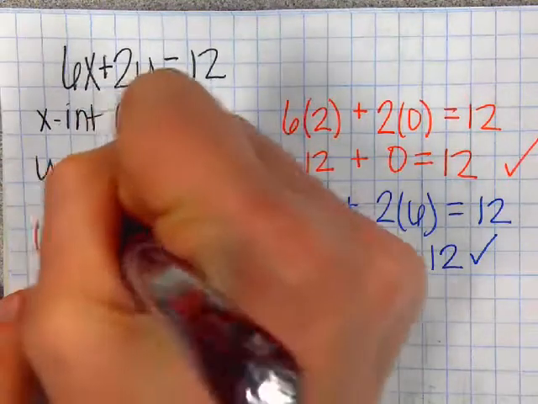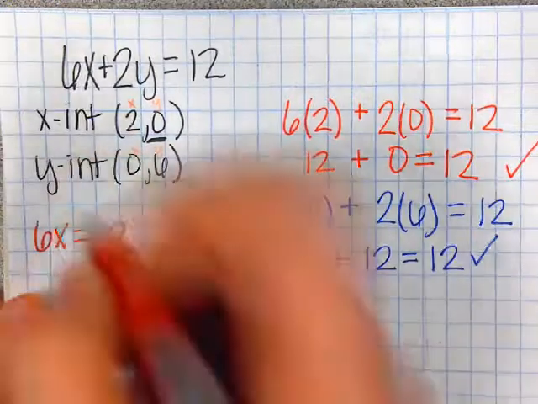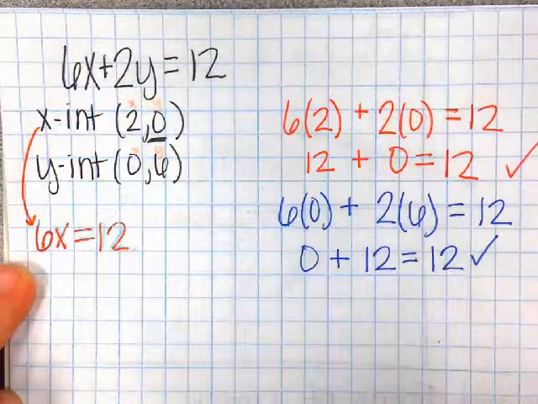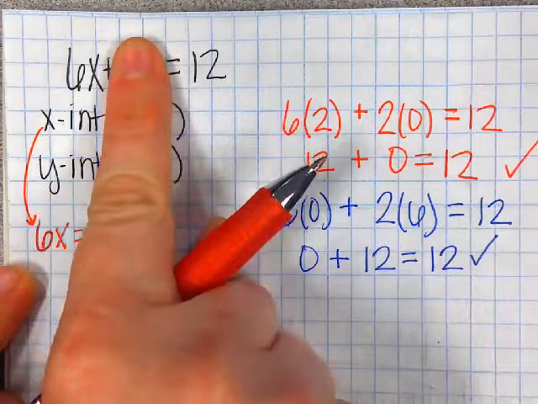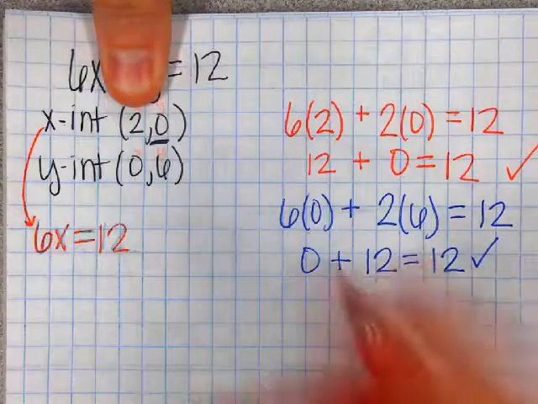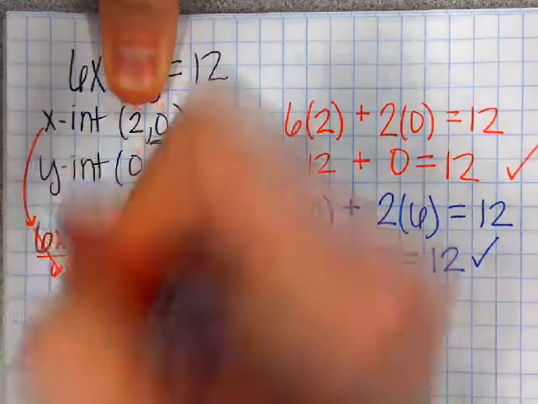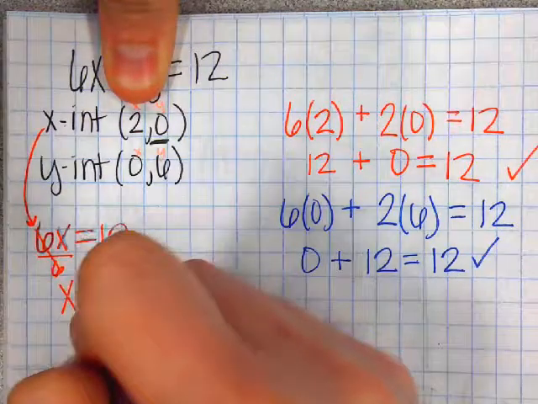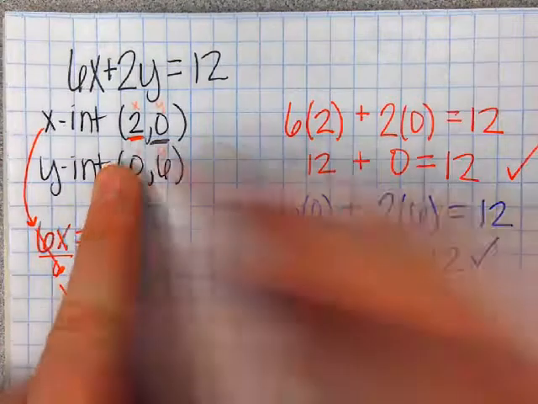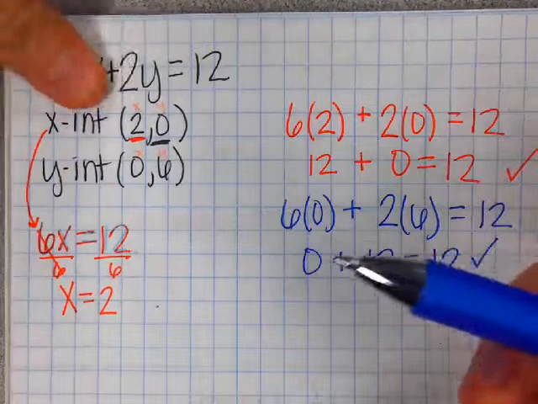I divide by 6 and divide by 6, and x equals 2. Do you agree that's what we found as our x-intercept?